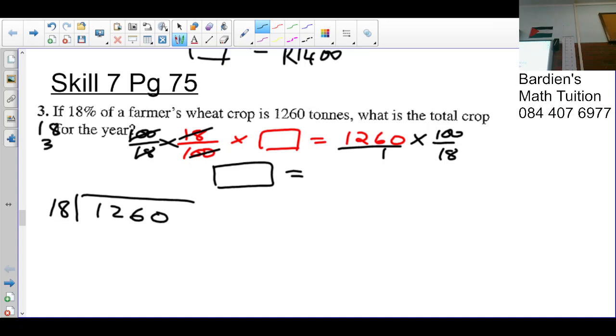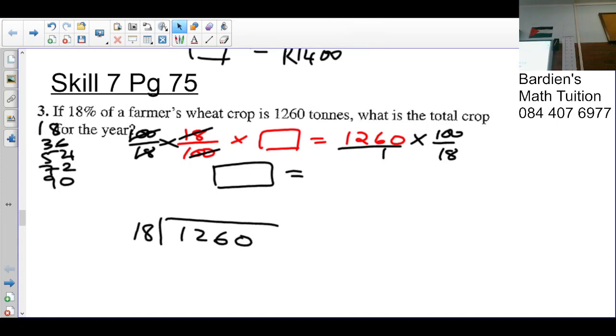So it's 18, 36, then 54. Let's check if it's 54. Yeah, 54. Then 72, then 90. Okay, let's go further.